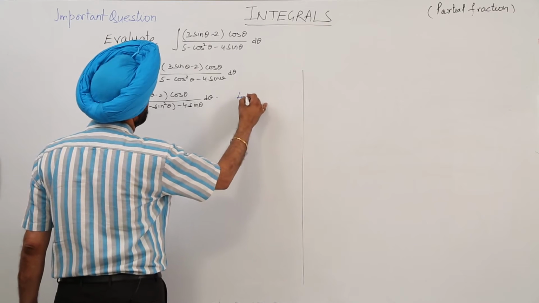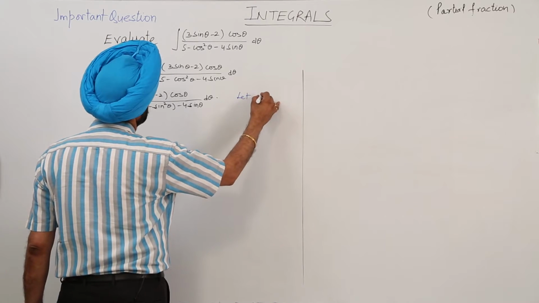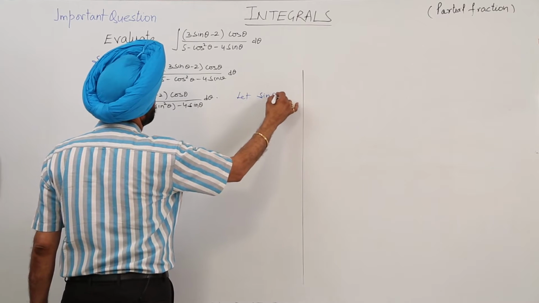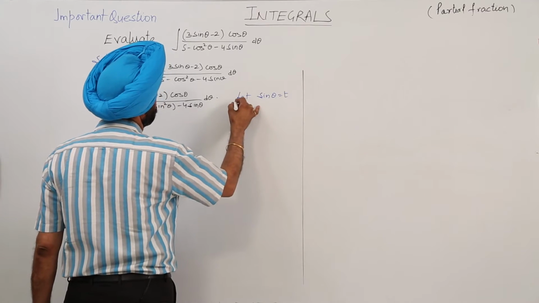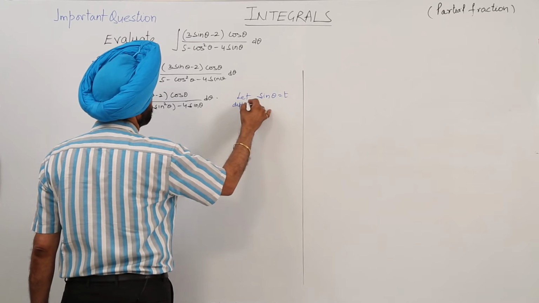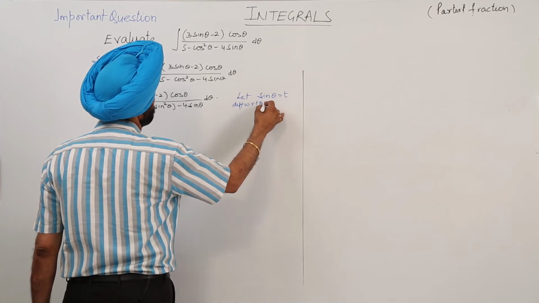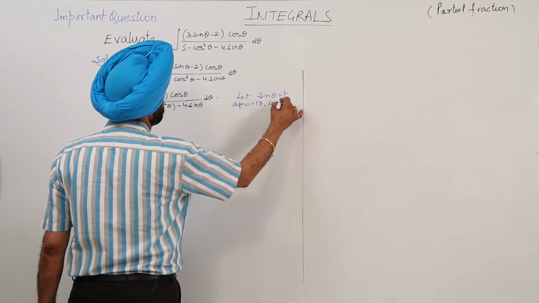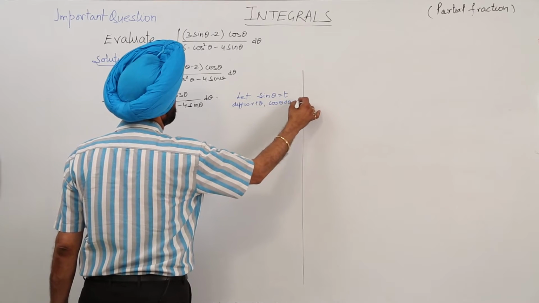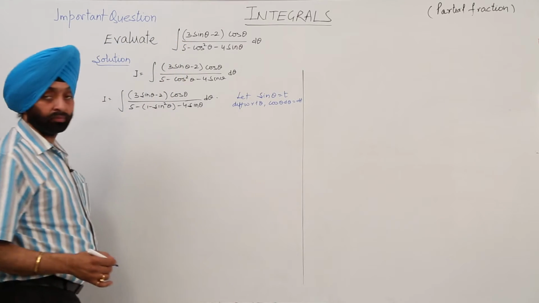Let sin theta equal t. Differentiating with respect to theta, cos theta d theta is equal to dt.